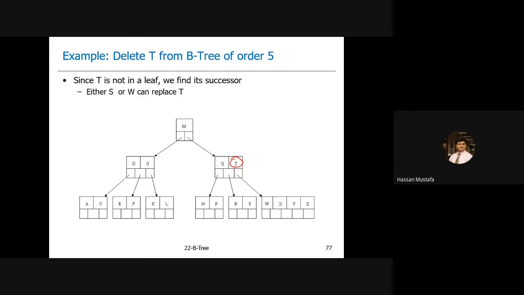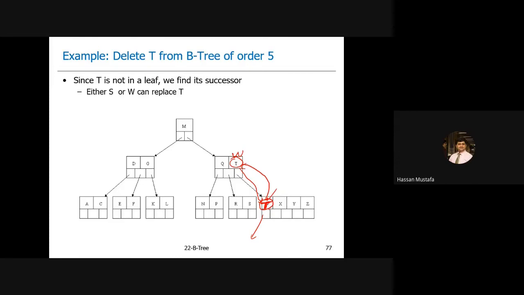What we do is move to the right subtree and find the smallest value. This is simply a leaf node, but if there are further levels, we would go to the left of this subtree. In this specific scenario, W is the smallest value. So we move W here, replace this W with the T, move this T to this place, and then perform the deletion here.